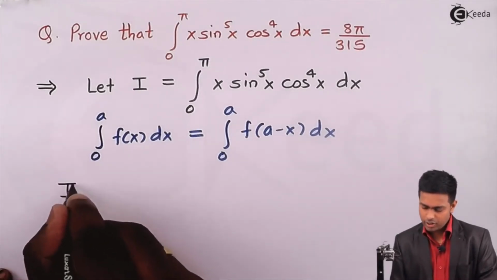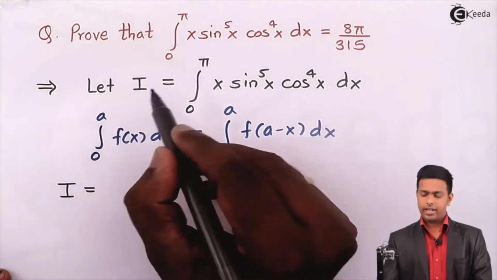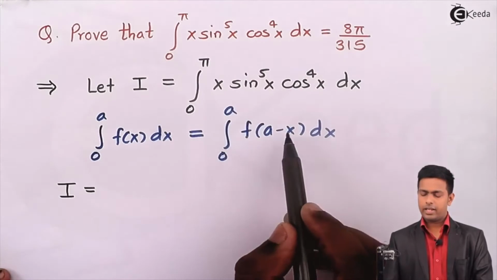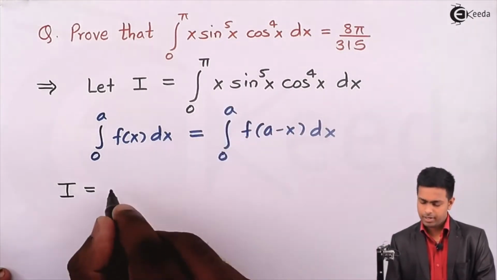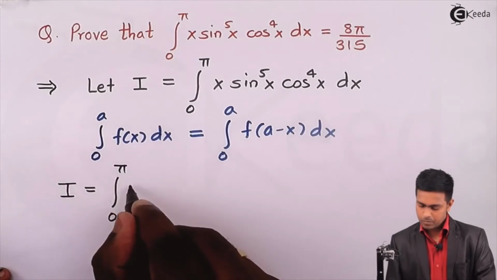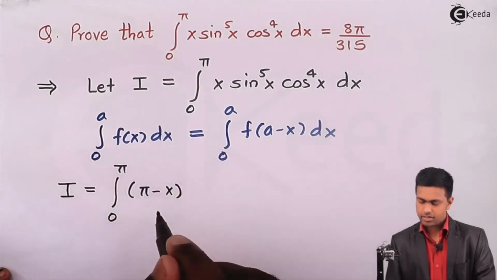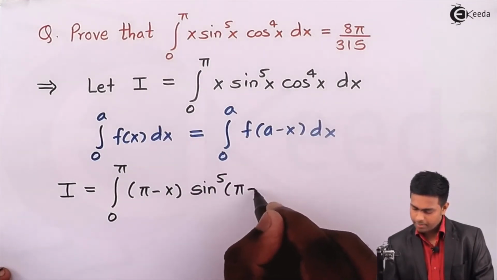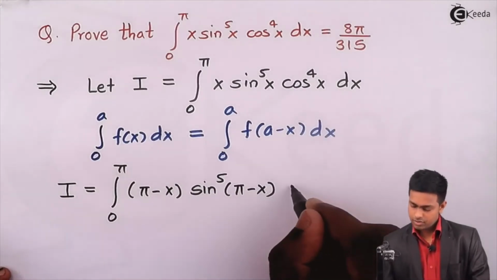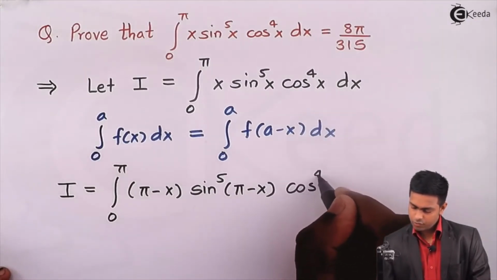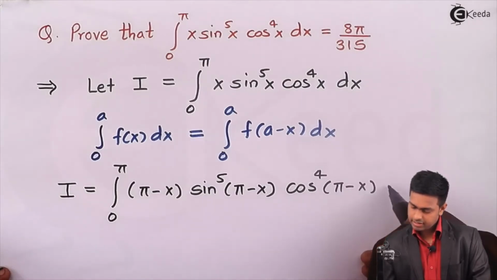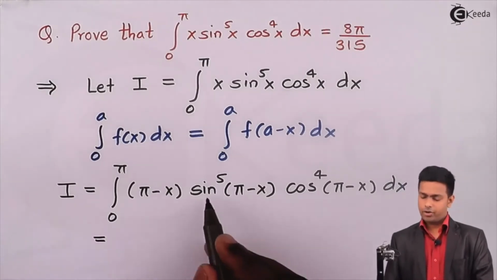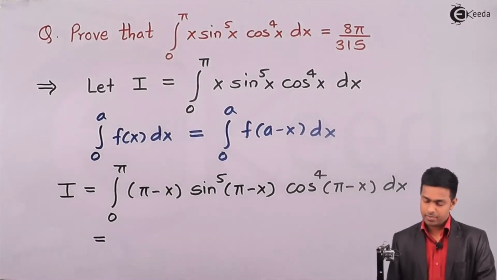Now see how I am eliminating. I is equal to, here the value of a is pi, so I'll rewrite f of x as f of a minus x, that is pi minus x. So this will be the integration 0 to pi of pi minus x, times sin^5 of pi minus x, times cos^4 of pi minus x, dx. Now let's find the values of sin of pi minus x and cos of pi minus x.